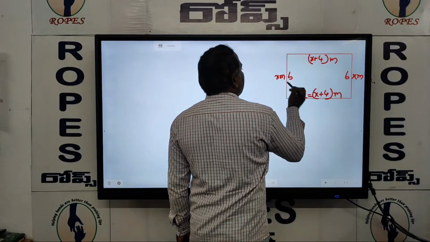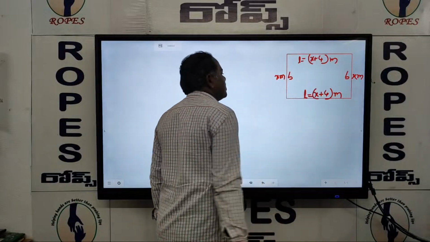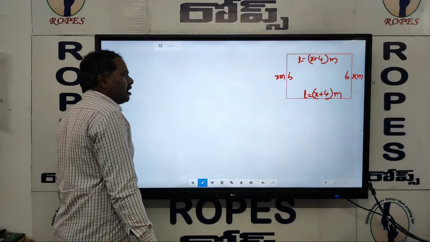This is the garden's length and breadth.